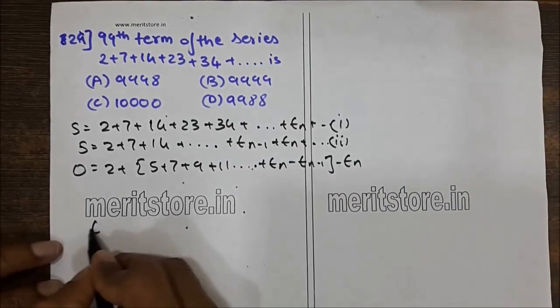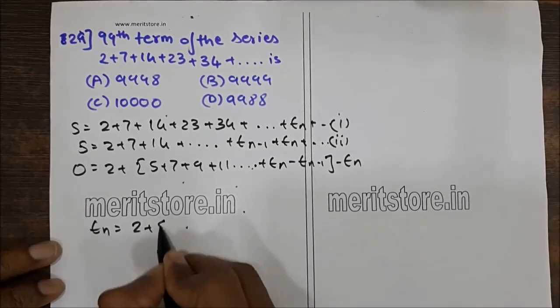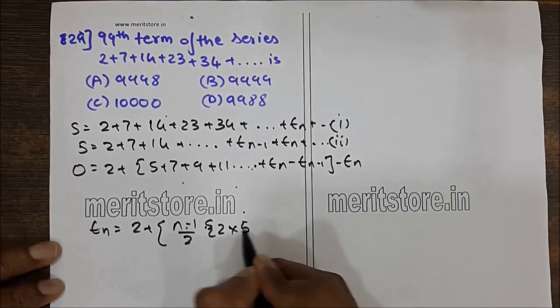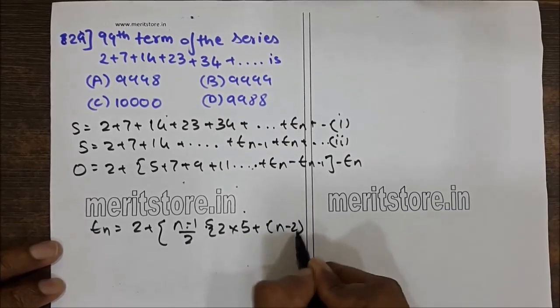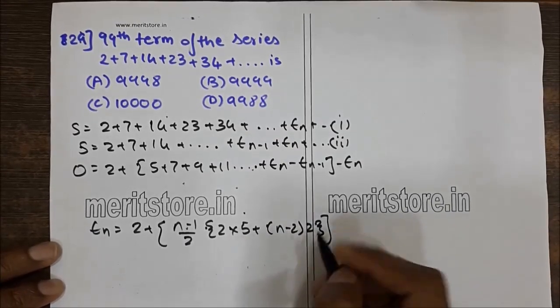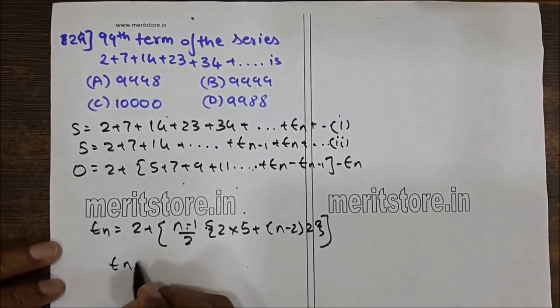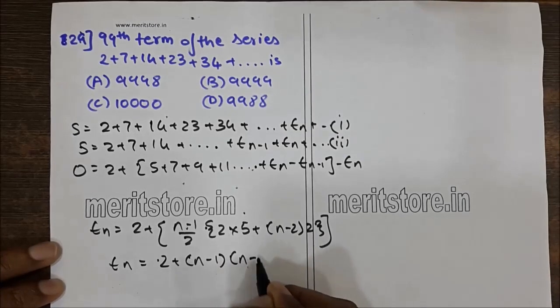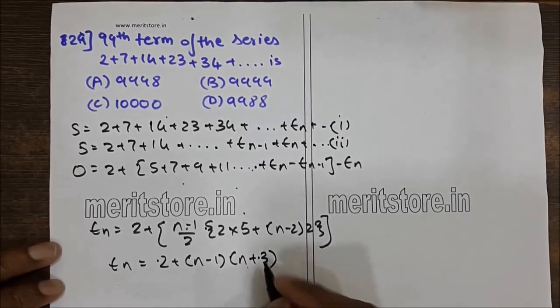Further solving this, we get Tn is equal to 2 plus (n minus 1) upon 2 [2 into 5 plus (n minus 2) into 2]. Solving this, we get T of n is equal to 2 plus (n minus 1) into (n plus 3).